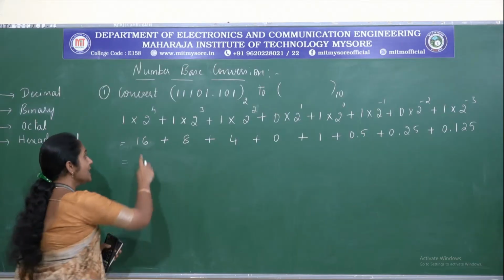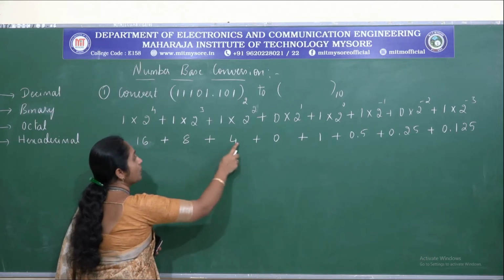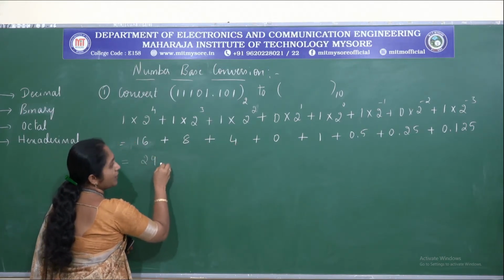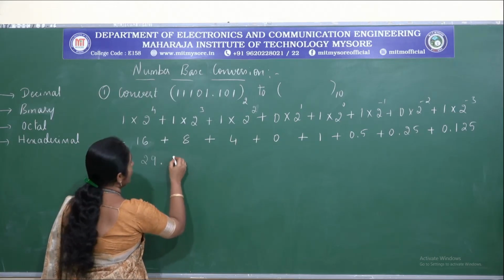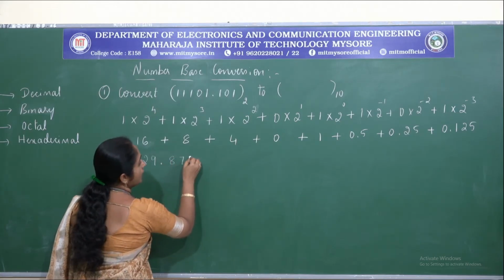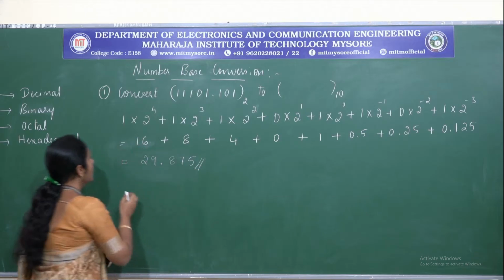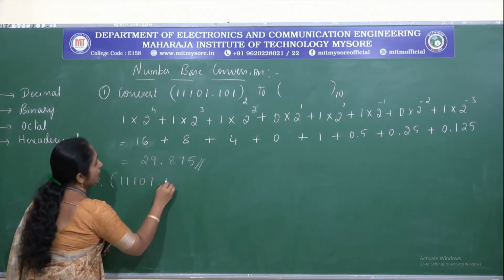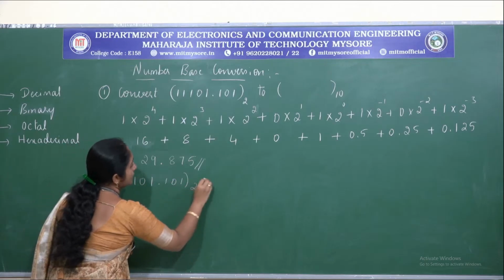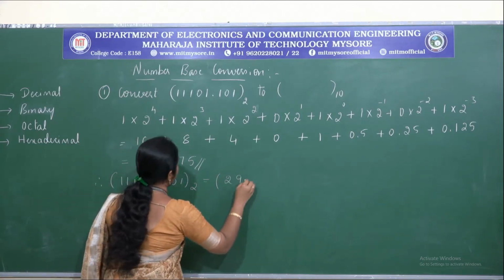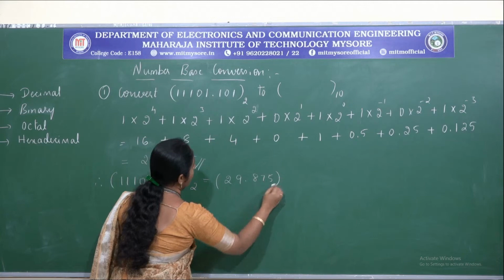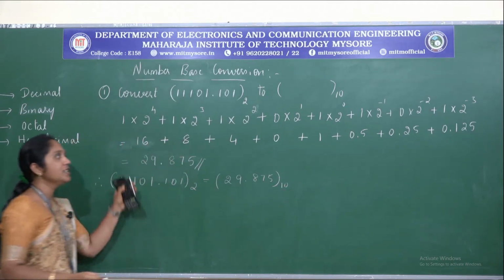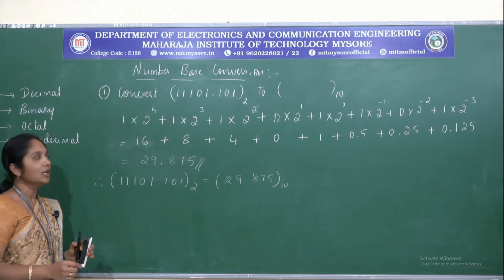The answer is 16 plus 8, 24, 24 plus 4, 28 plus 1, 29, and the fractional part, if we add, we get 0.875. Therefore, the decimal equivalent for the given binary string is 29.875. So this is how we convert the binary sequence into the decimal number.